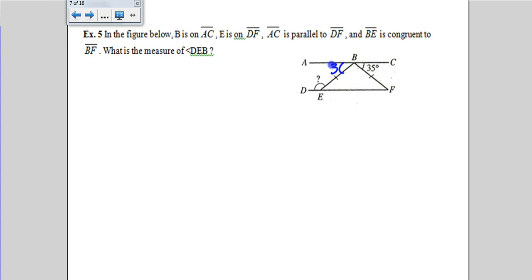So this is also 35 degrees right here. And I'm looking at these parallel lines, AB and DE, and I'm seeing that these are consecutive interior or same side interior angles. Now they're definitely not congruent, but they are supplementary, meaning they add up to 180. So 180 minus the 35 is going to give me my leftover 145. And that is my answer for angle DEB.